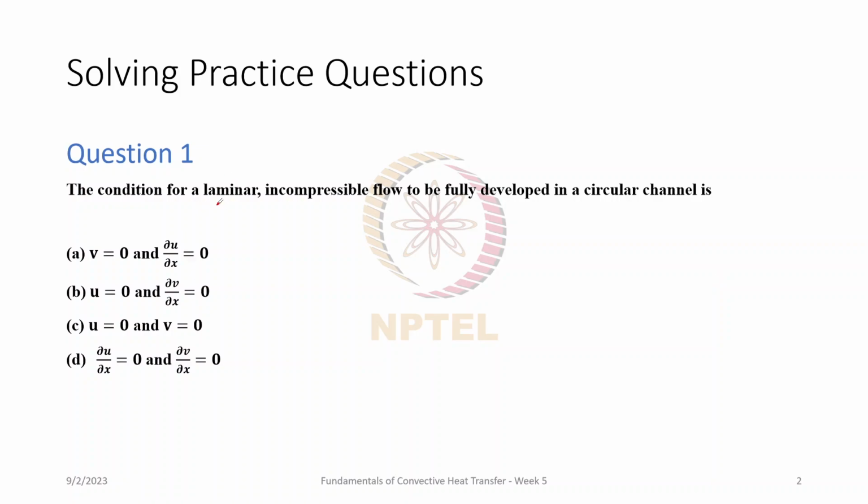So it's a laminar and incompressible flow, and it has to be fully developed. What is the mathematical form of that? Option A is V equal to 0 and dou U dou X equal to 0. Option B is U equal to 0. First of all, let me make sure what U and V are.